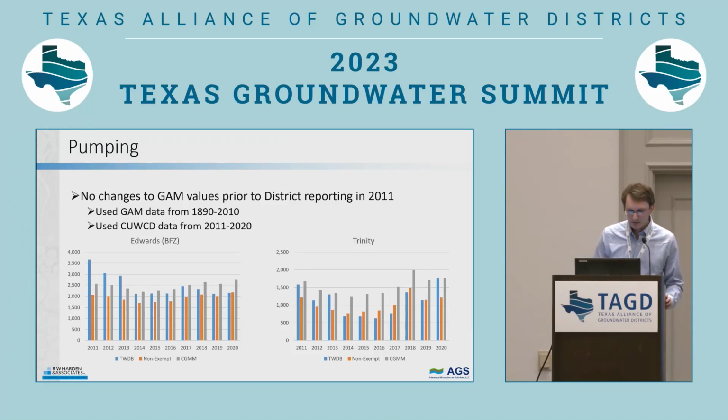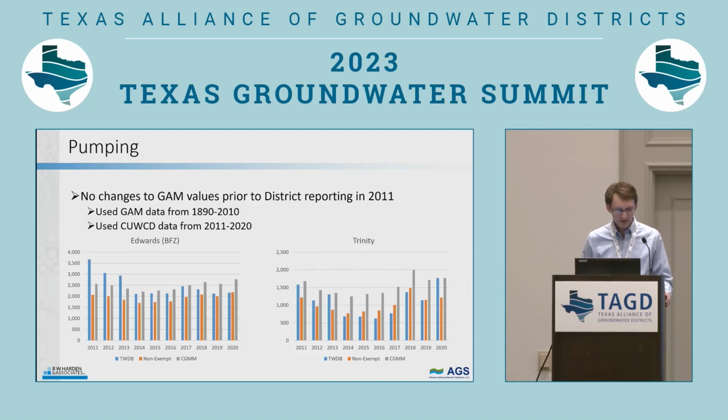The pumping data is usually pretty difficult to estimate, so we only stuck with what we could estimate with some confidence, which was 2011 to 2020. We mostly took the non-exempt usage from the district with their permit reporting, and we used the exempt usage estimates that Clearwater also has.